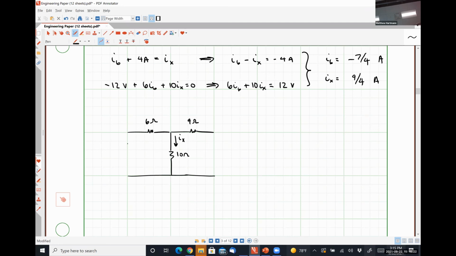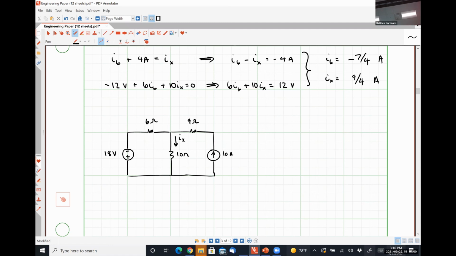So I could say that scaling my voltage by a factor of -3 is the same as putting negative polarity on top, positive polarity on bottom, 18 volts here. If I scale my current source by a factor of +5, then it's just 10 amps instead of 2 amps, right? Sorry, 10, not 2. Thank you.